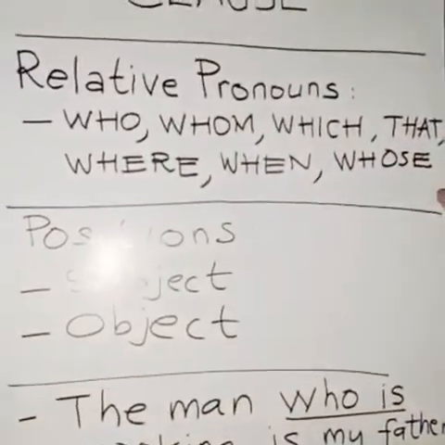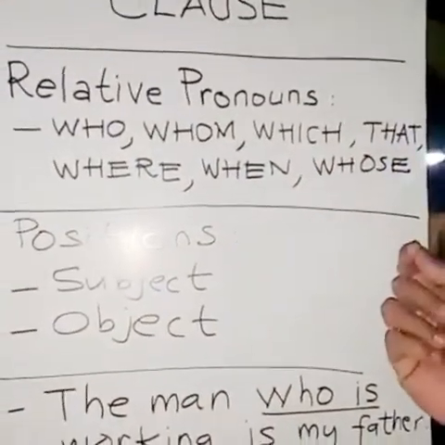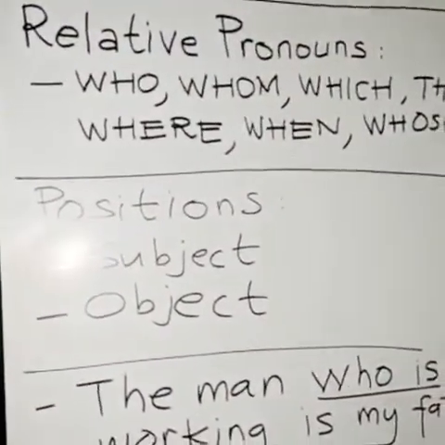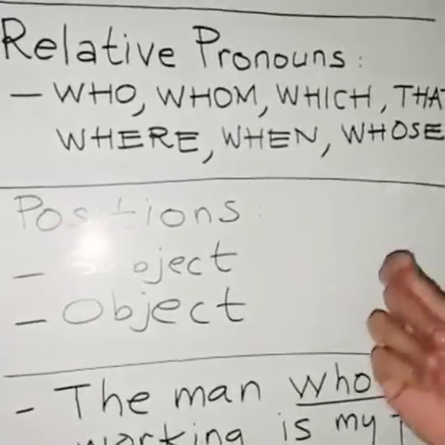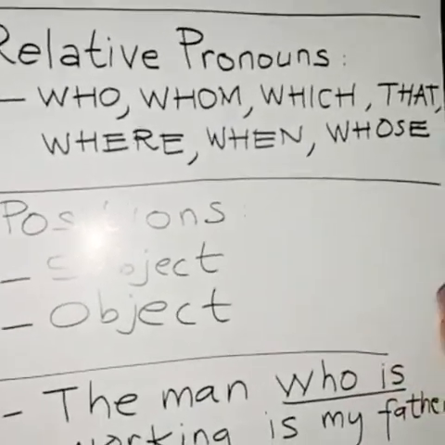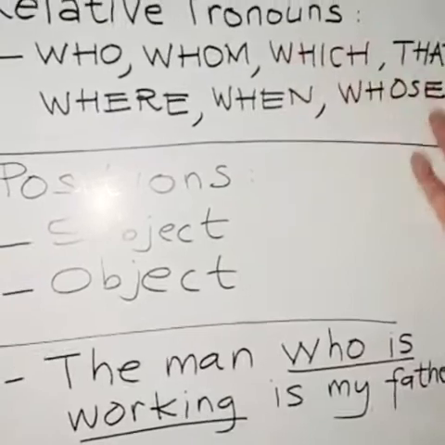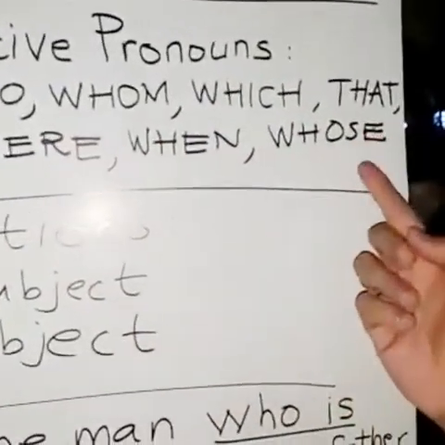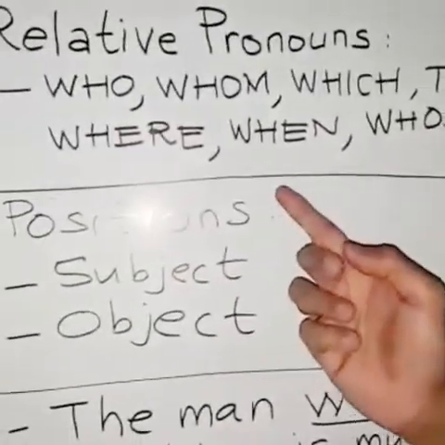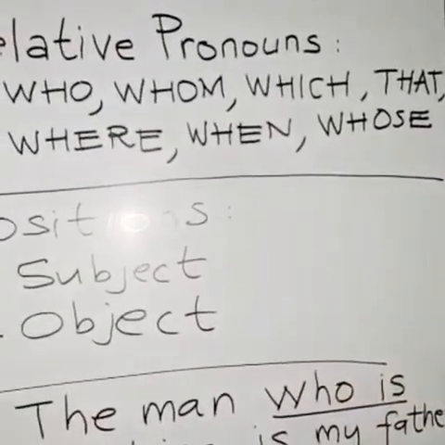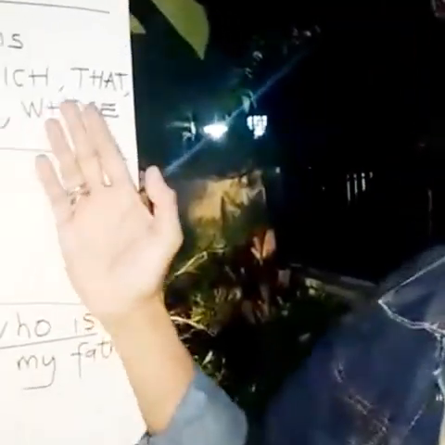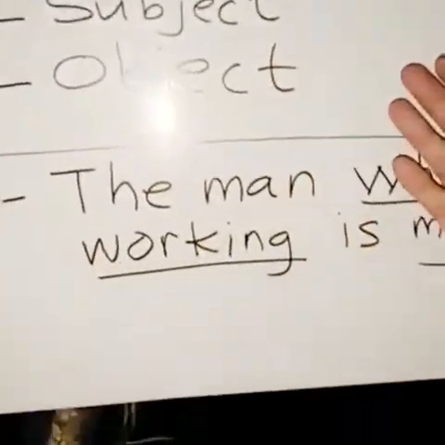A relative pronoun is a pronoun that replaces the noun we modify. Here are the relative pronouns: who, whom, which, that, where, when, whose. How about the position? The position of adjective clause can be as subject or object.